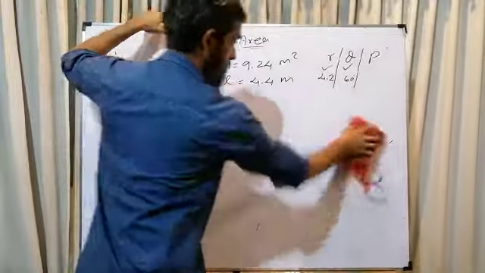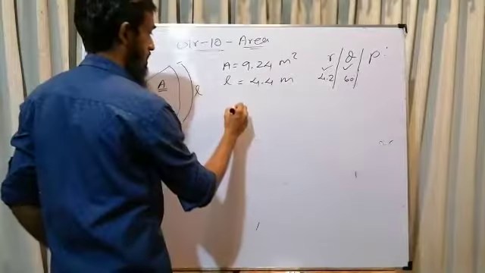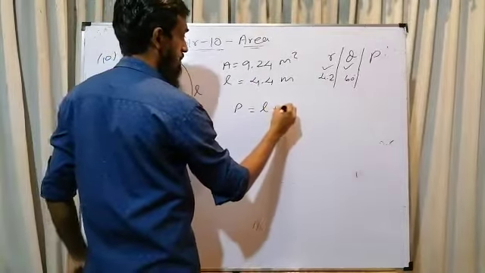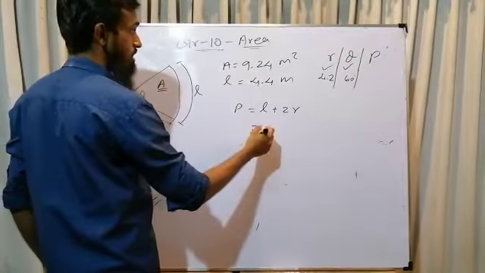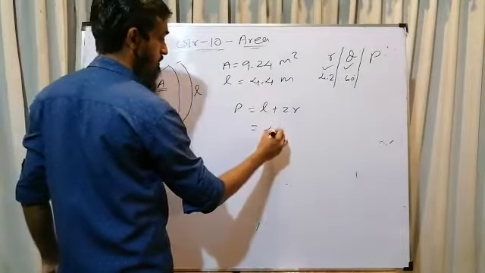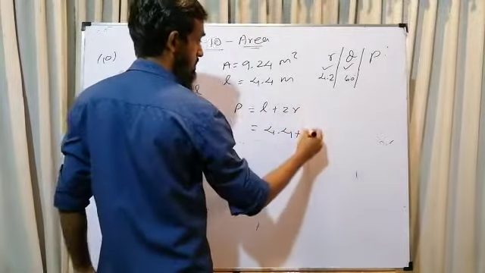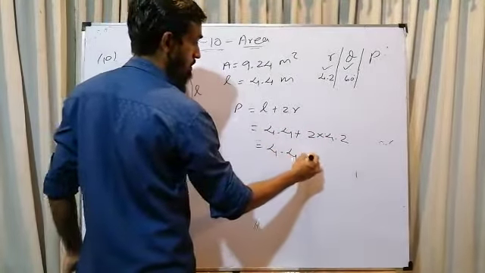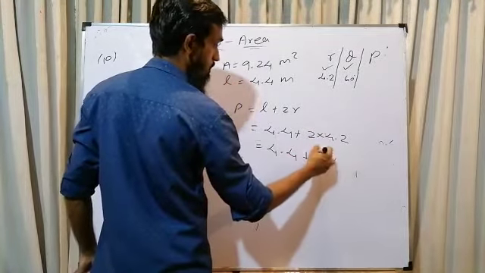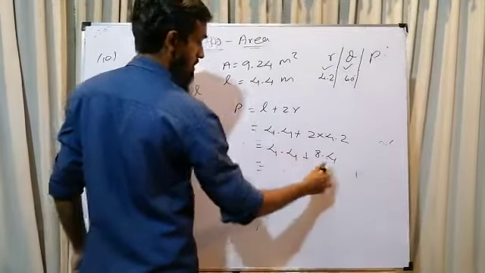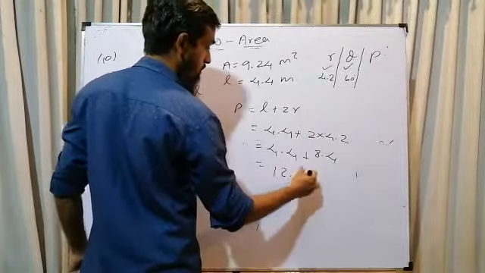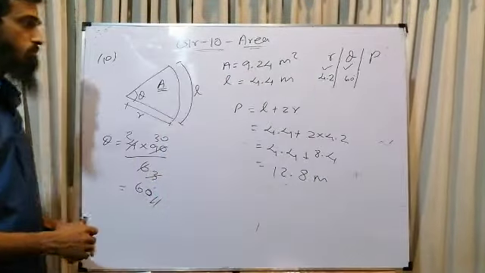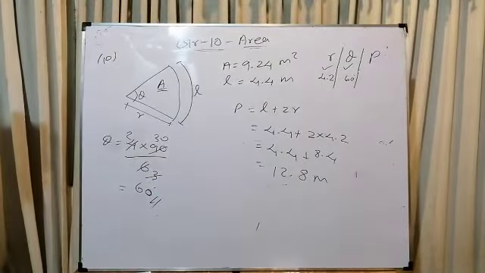You can use that equation. Arc length is given as 4.4. R is 2 into 4.2. So 4.4 plus 8.4, 12.8 meter is the perimeter. Third one, 12.8.